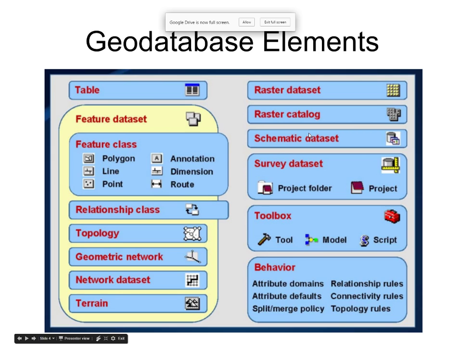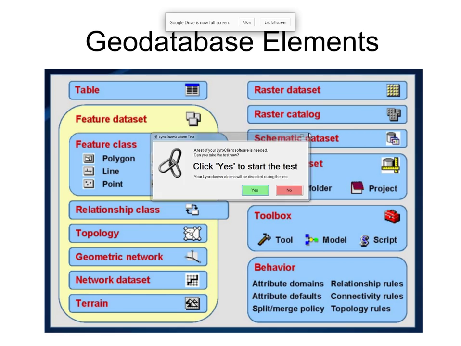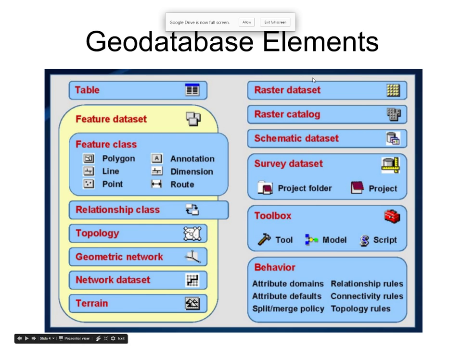These geodatabase elements should be familiar to you at this point. We can have non-spatial tables in our geodatabases. We can have feature classes of points, lines, and polygons, as well as additional annotations, dimensions, and routes.